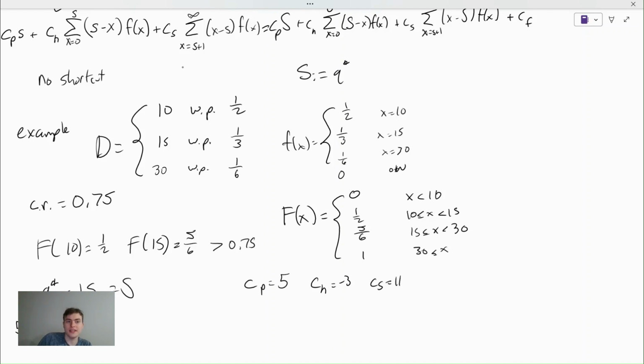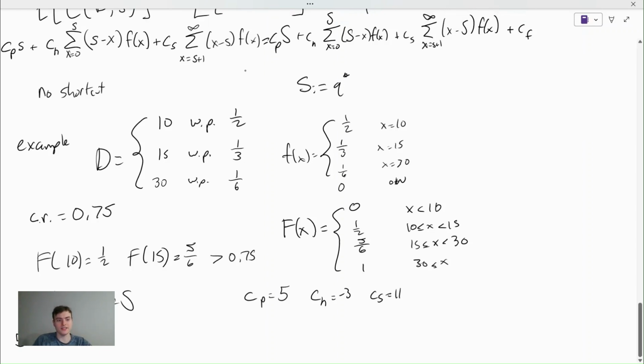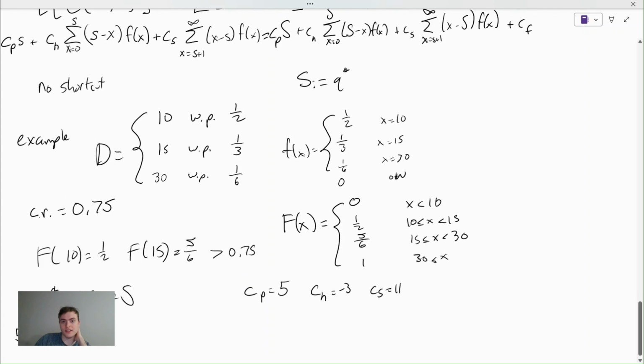So instead of writing it in terms of little s, we'd still have this whole expression the same. Let's go ahead and find the right side first. So we have 5 times big S, which is 15, plus -3 times the summation from 0 to big S, which is 15, of s minus x f of x.